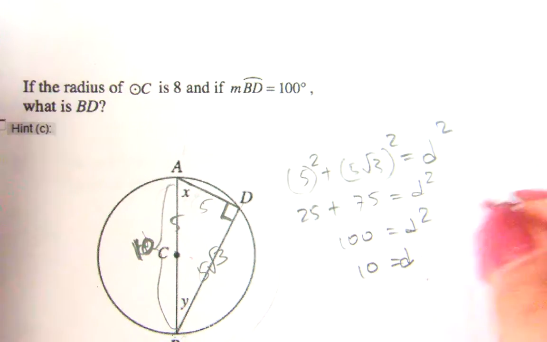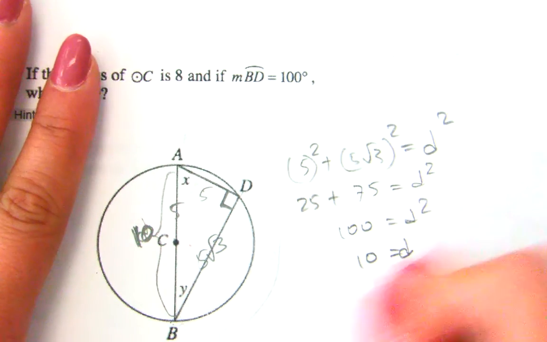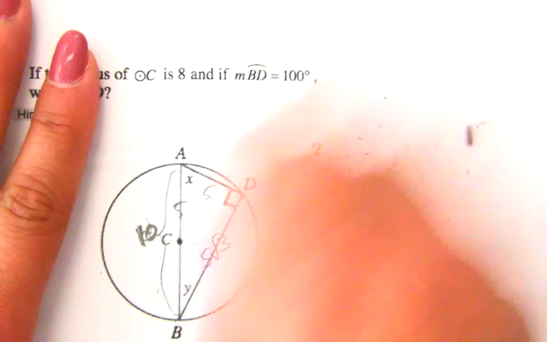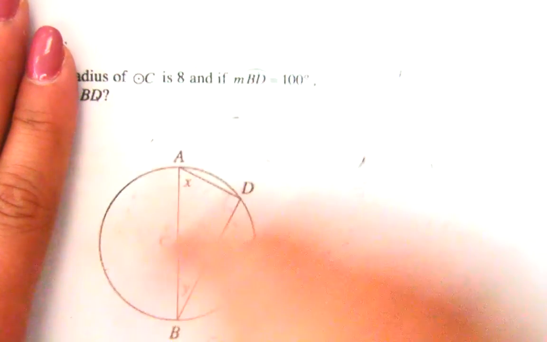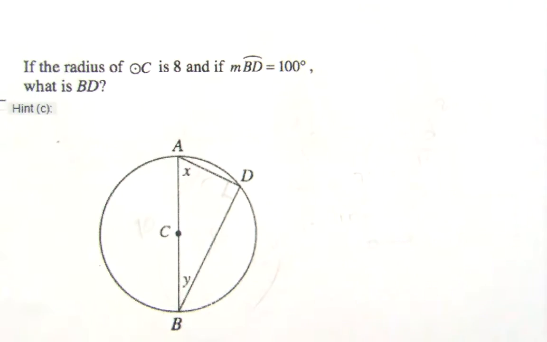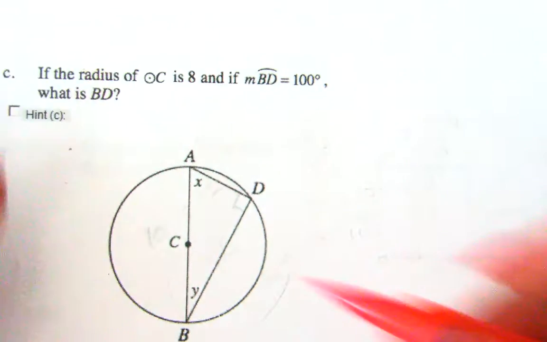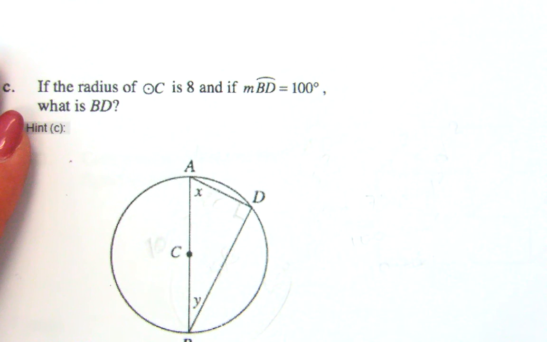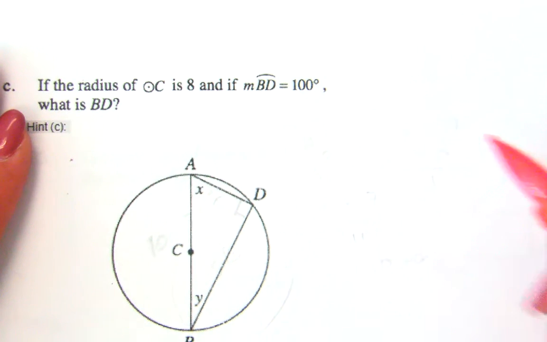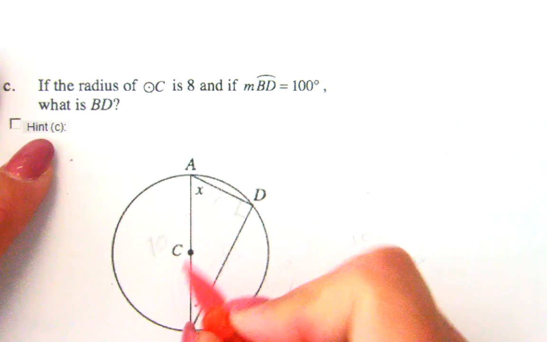Part C is a little different. So pause if you need to get this down, because I'm about to erase it. Part C says if the radius of circle C is 8, okay, this ought to be interesting. What are we looking for? The segment BD. Okay, oh, so this is trig. So if the radius is 8, this means this is 8.